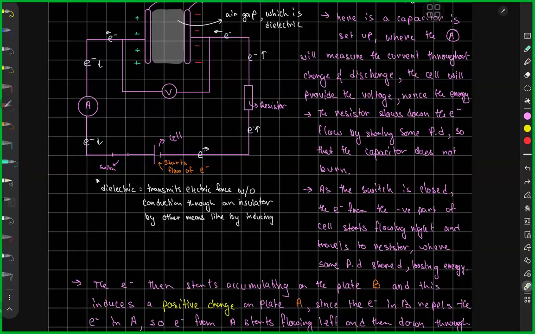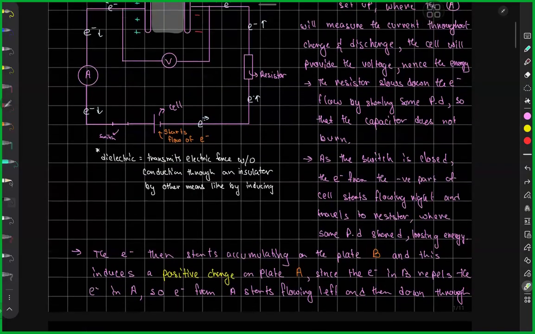But let's say we're talking about the real current, the real flow of electrons, because electrons are the only particles that tend to flow. The positive charges, that is the protons, obviously don't flow. So the real current, in essence, I am talking about the electrons, and they're going to flow from the negative part to the positive part.